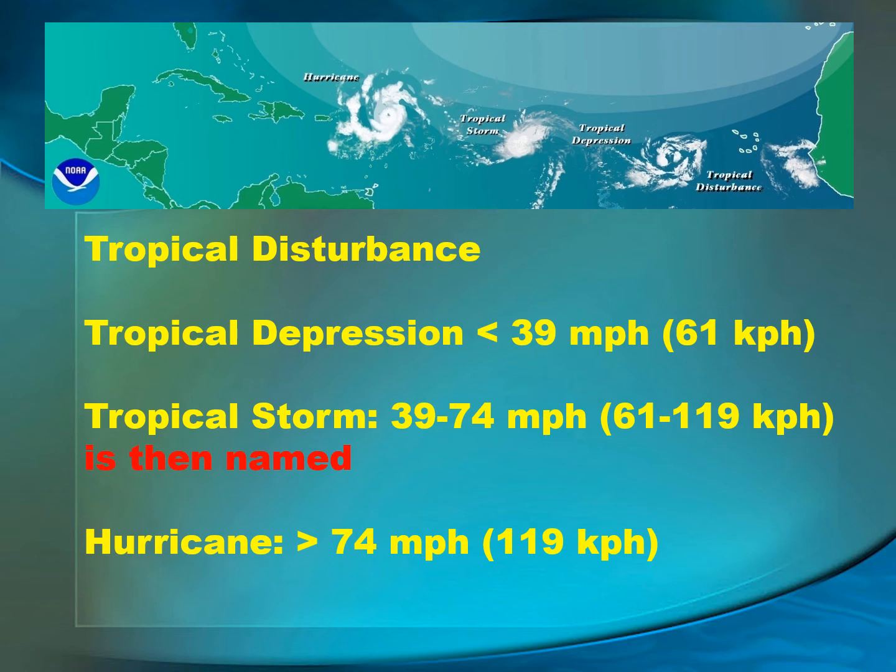So it'll begin as a tropical disturbance, and what's cool is that the drawing there at the top, this information comes from NOAA, by the way, National Oceanic and Atmospheric Administration. You see a drawing of a tropical disturbance over there on the east, just off of Africa, and then a tropical depression, and you're starting to get a circular feature, then a tropical storm, and then your hurricane.